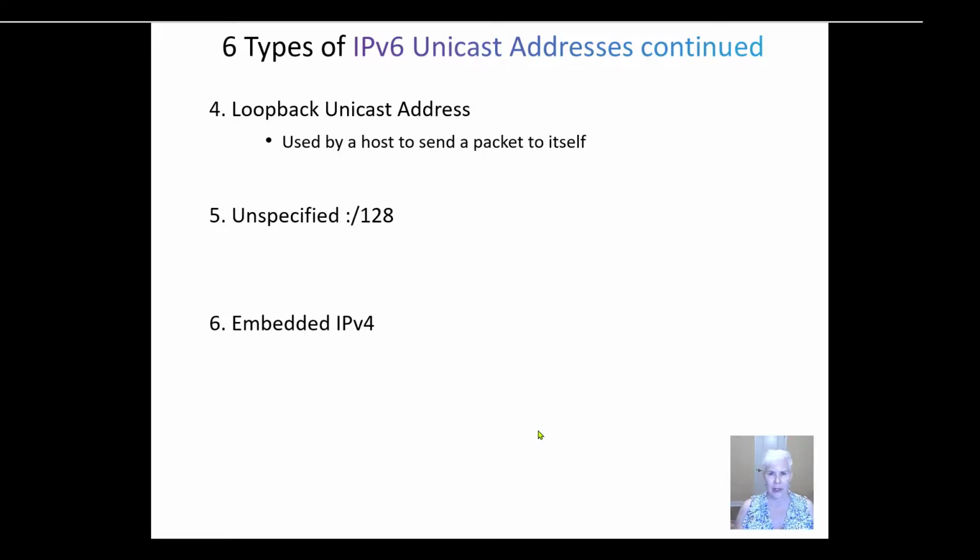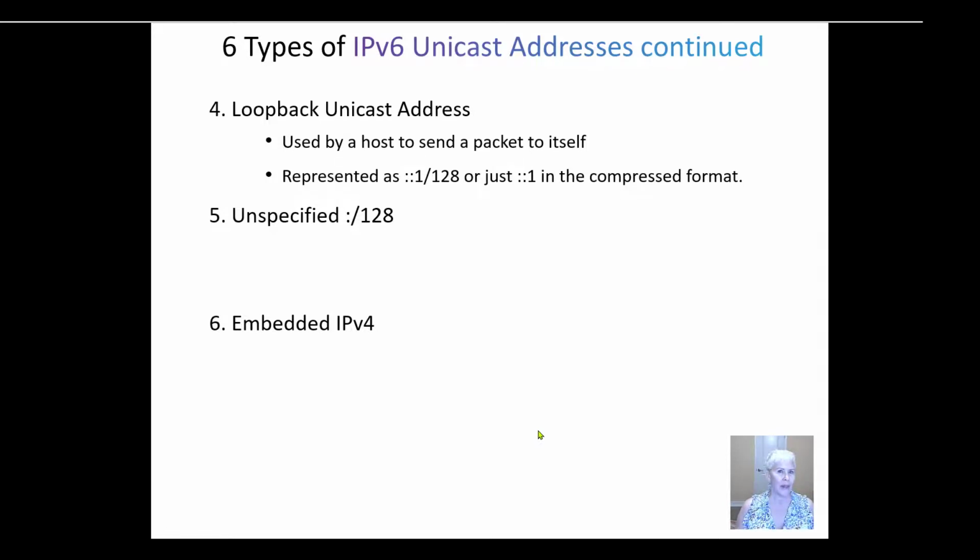It's testing the TCP stack. It's represented with a ::1/128, or you can just type ::1. So this is like when you're pinging yourself, right? You're testing your own address.